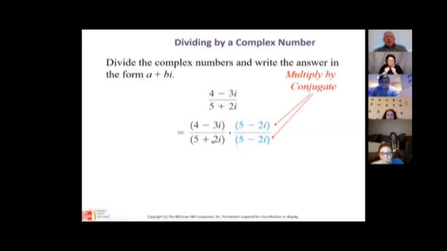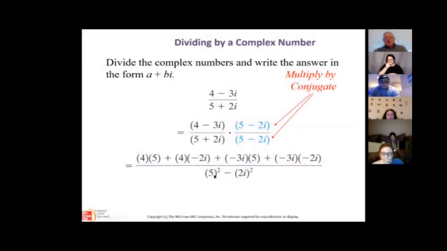So we multiply the numerator and denominator by the conjugate of 5 plus 2i. The numerator, we just have to FOIL. The denominator, we can use that a squared minus b squared trick. Here's the first term squared, last term squared, minus in the middle.